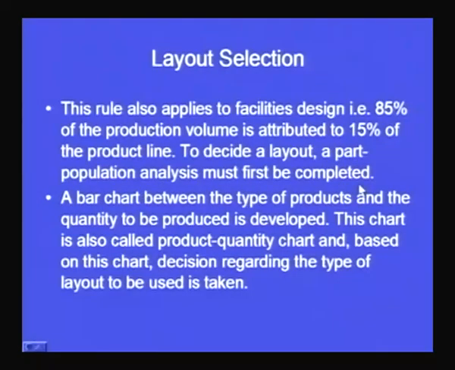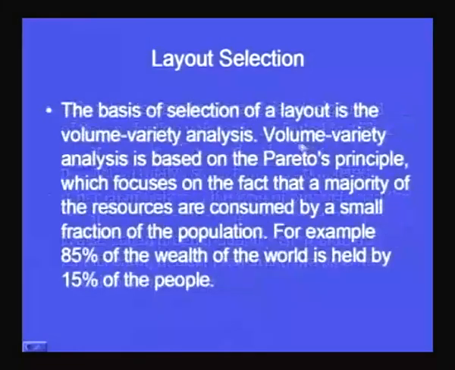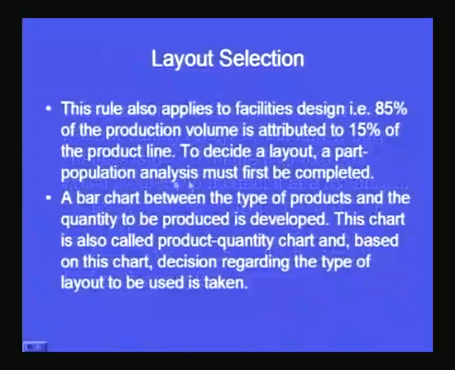This is the same as the product variety analysis or the volume variety analysis that we have seen in the previous slide. Then we have seen that a part population analysis must be completed when we have to make a selection regarding the type of layout that we are going to adopt in our manufacturing plant.